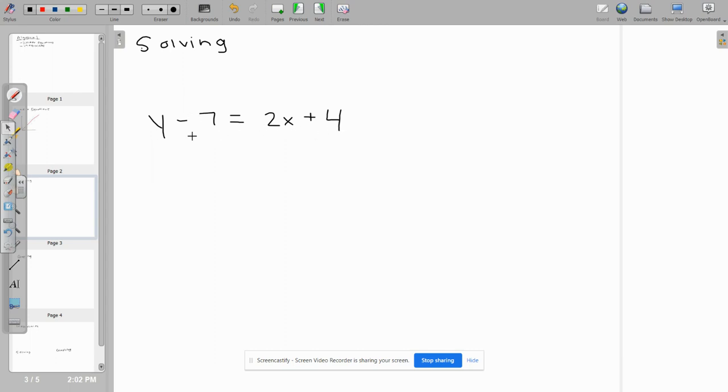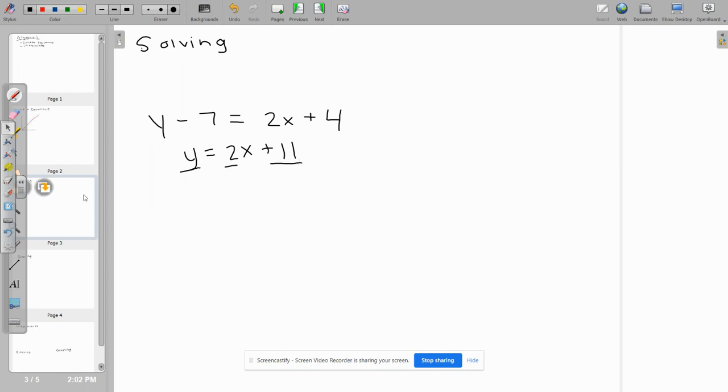But since this is an overview, we're just going to be going over the basics. So in the end, once I solve, this is what my final equation will be. And this is what's going to help me later to see how this looks on a graph, know what this means, what the coefficient 2 means, and then what this last constant number means.